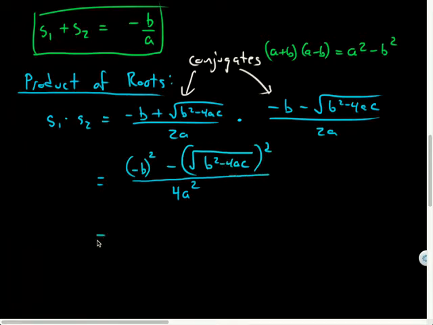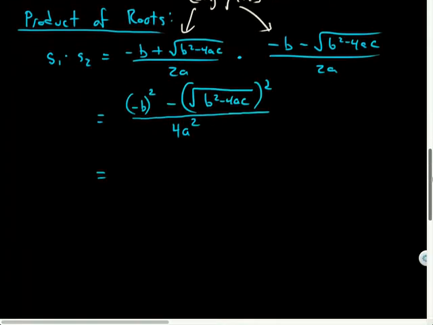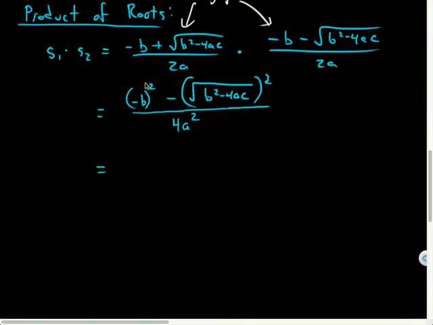So let's simplify this. DJ, question. What is negative b all squared? Positive b squared, right? Because that minus sign being inside the parentheses is going to become positive. And, guys, what are your thoughts on this?